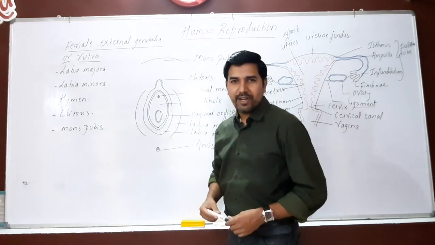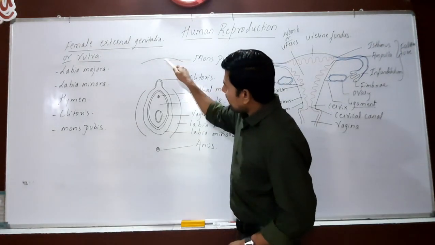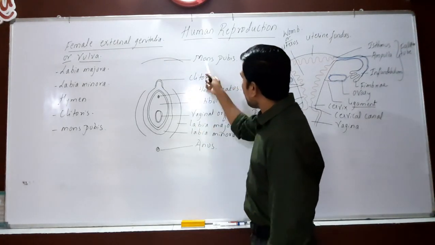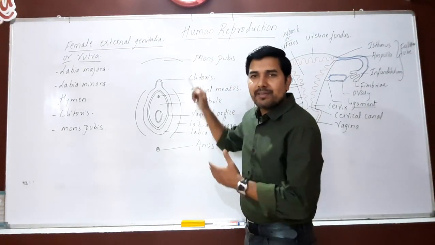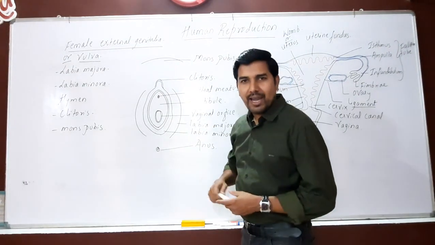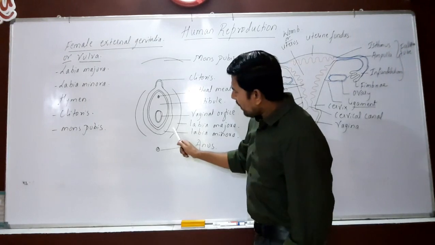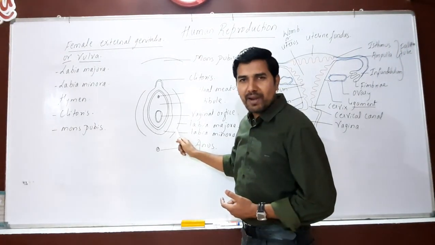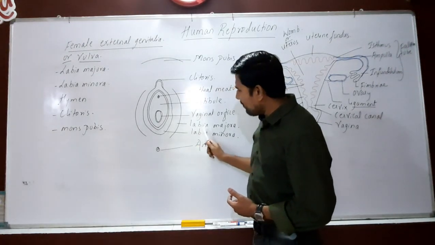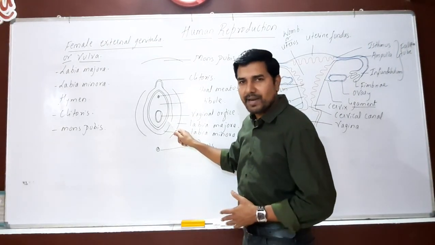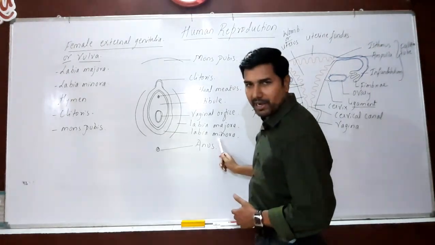Then what are the parts of it? Now on the upper part of the female external genitalia, we have the mons pubis, that is made up of fatty tissue, and it also consists of pubic hairs. Then we have a larger or broader lip-like structure called the labia majora, and inside this we have a smaller lip-like structure called the labia minora.